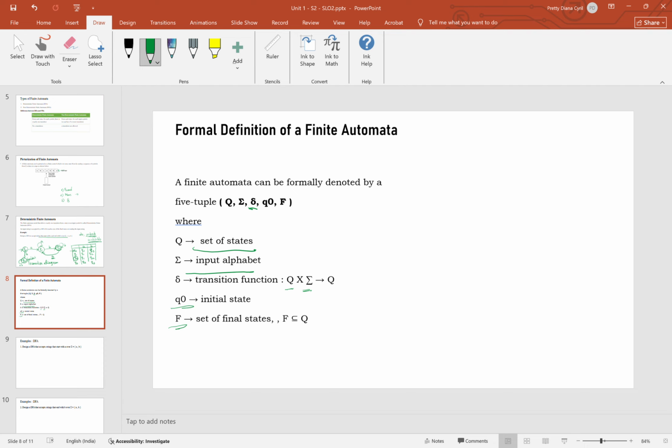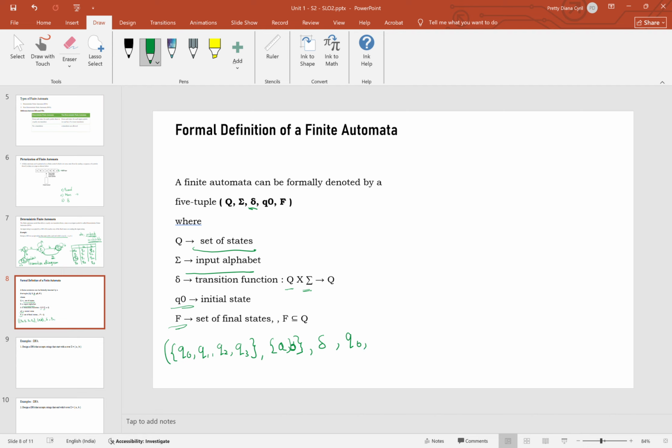So we will write the formal definition for this. What is the first one? It is the set of states. What are the states we have? It is Q0, Q1, Q2 and Q3. The next is the input symbols. The input symbols are A and B. The next is the transition function, which we can write later. Then the initial state is Q0.